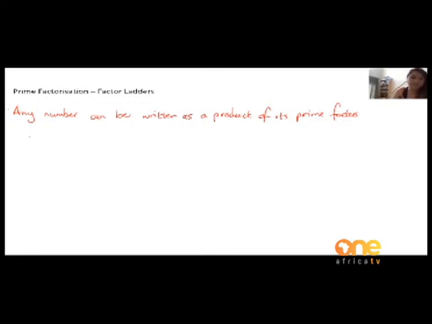So let's try the first one. Let's try, for example, something quite simple. Let's try the number 24. Okay, and so last week we looked at prime factor ladders, noting what a prime number is. So prime means a number that has two factors, and these factors are 1 and itself.